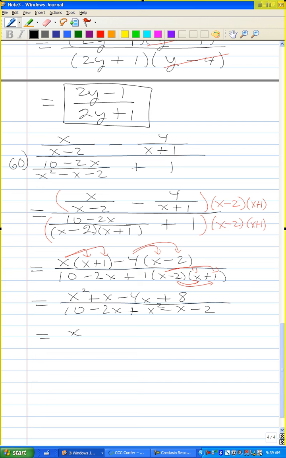And so this is equal to x squared minus 3x plus 8 over x squared minus 2x minus x is minus 3x, plus 10 minus 2 is 8.